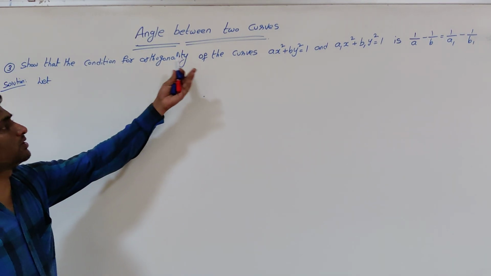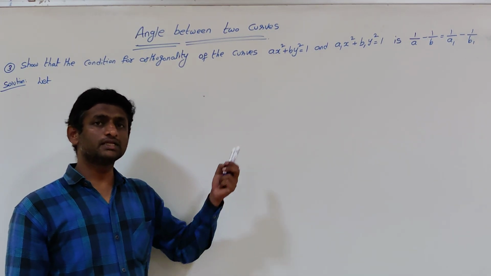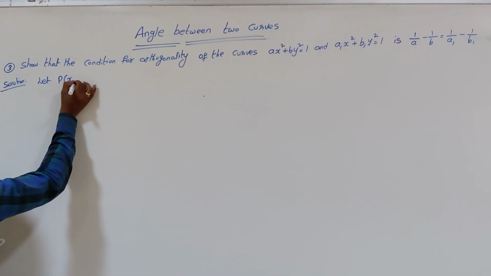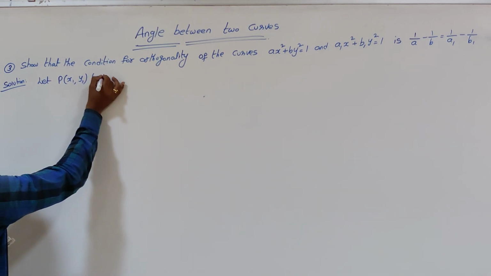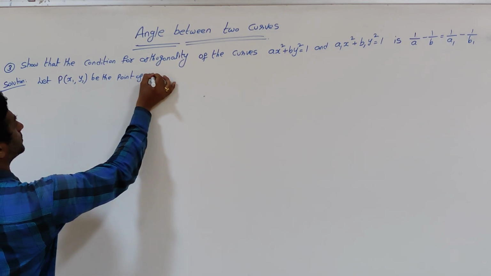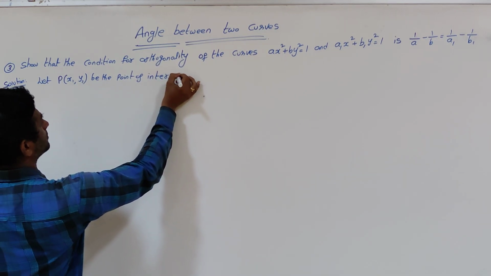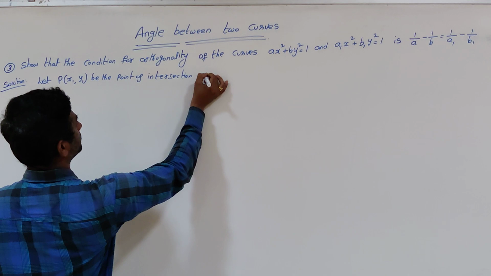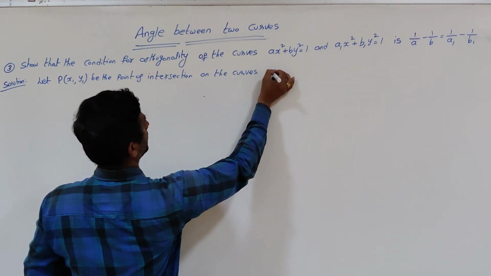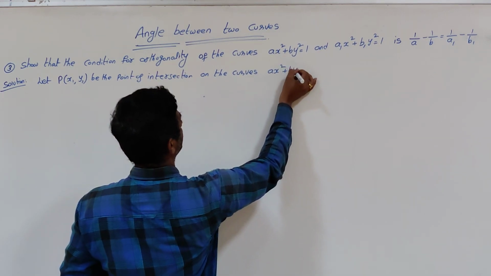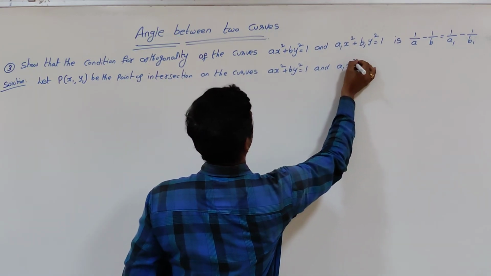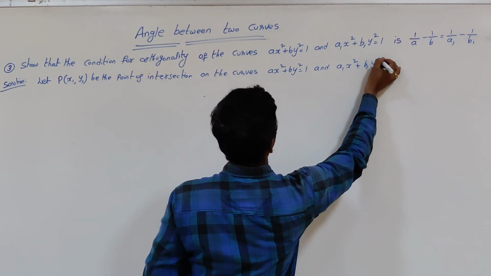As there is no point of intersection, so let us assume that there is one point of intersection. Let P(x1, y1) be the point of intersection on the curves ax² + by² = 1 and a1x² + b1y² = 1.